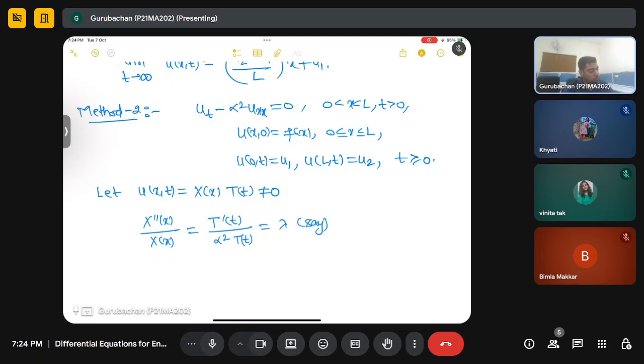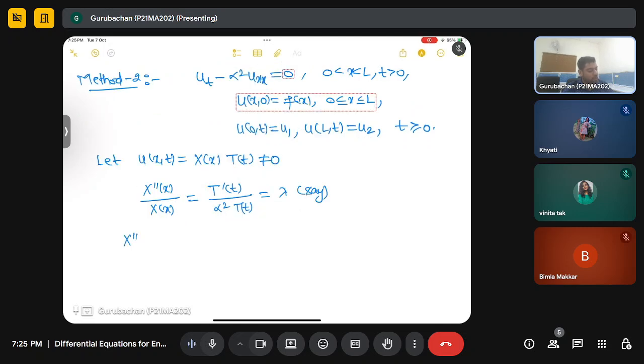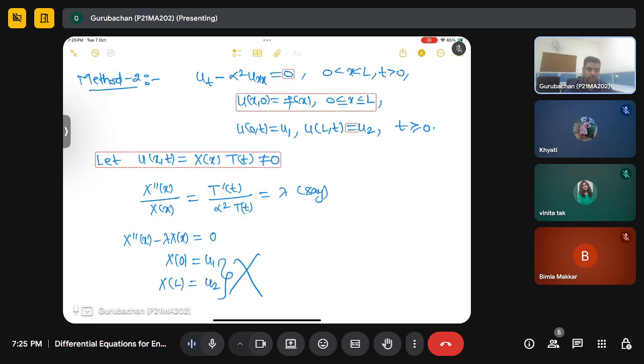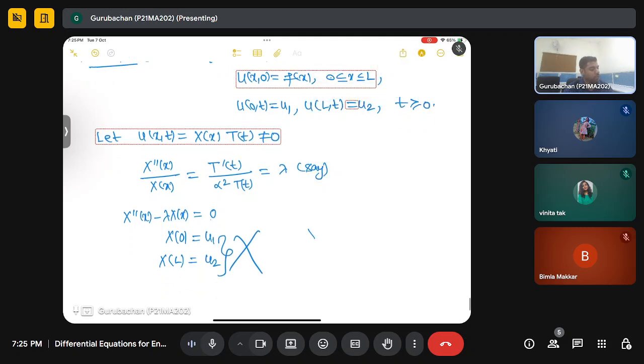So if you observe here, X double dash of x minus lambda X of x is 0. Also we have given that X(0) is u1 and X(L) is u2. Can we say that? Obviously we cannot say that. The reason is, if you put X(0) T(t), that is u1.